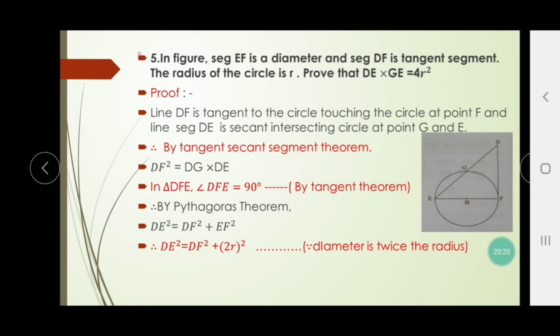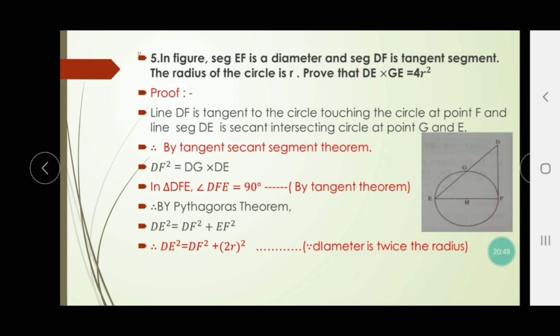Now here by Pythagoras theorem, what will be DE square? So DE square will be equal to DF square plus EF square. EF is with us as the radius is given to us, so double of that will be the diameter, and EF is the diameter.